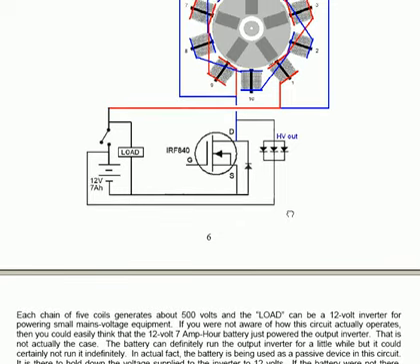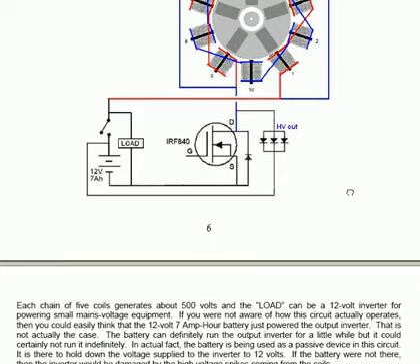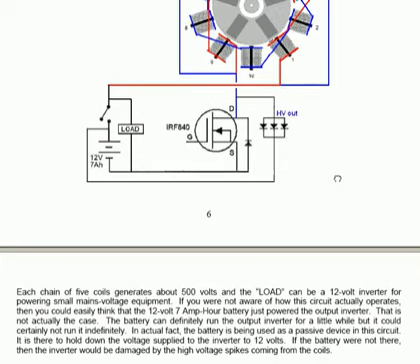In actual fact, the battery has been used as a passive device in this particular circuit. It's there to hold down the voltage supplied to the inverter down to 12 volts. If the battery were not there, then the high voltage spikes, which are fed to the battery from the transistor itself, would damage the inverter.